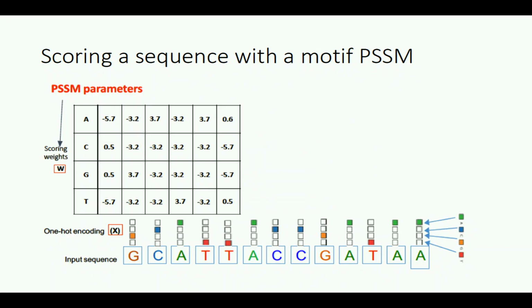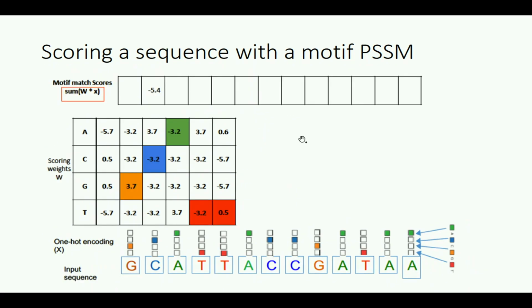But a simple way of using the PSSM probability matrix is, for a given sequence, you can directly compute the PSSM score by taking the number of that base at that position and then adding them up, right?